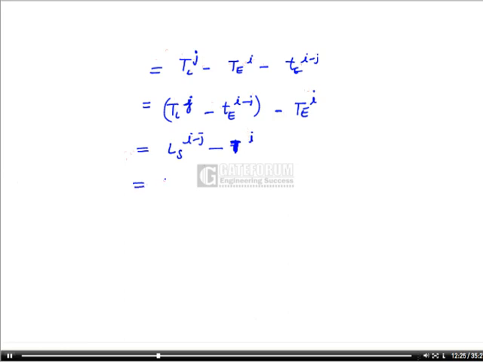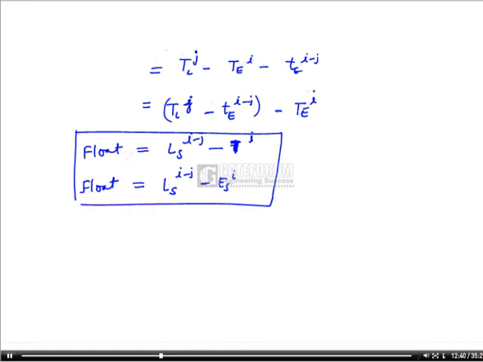So this can be written as LS I to J minus ES of I. So both can be written as float. So both are definitions of float. Any one can be used. This is one of the important lessons. And the last one is the critical path.